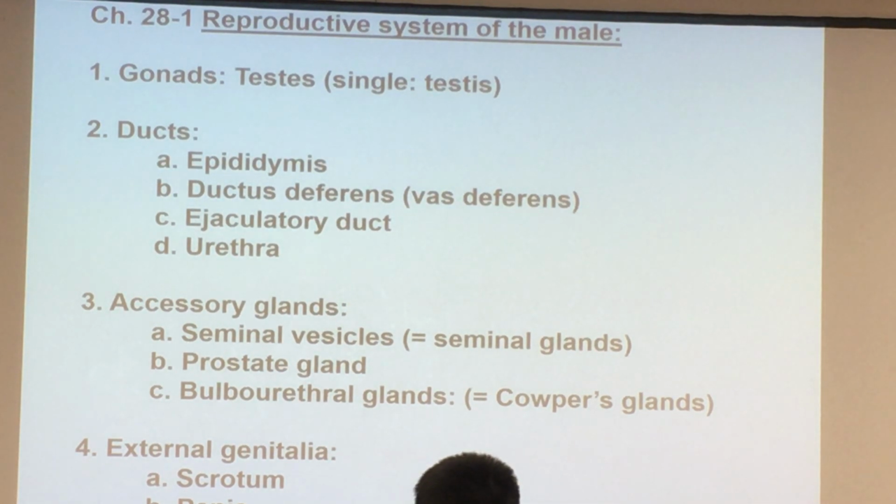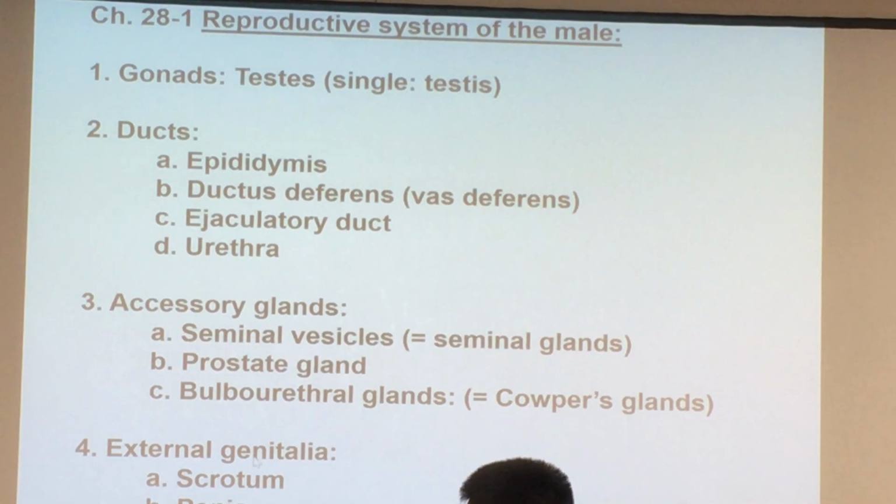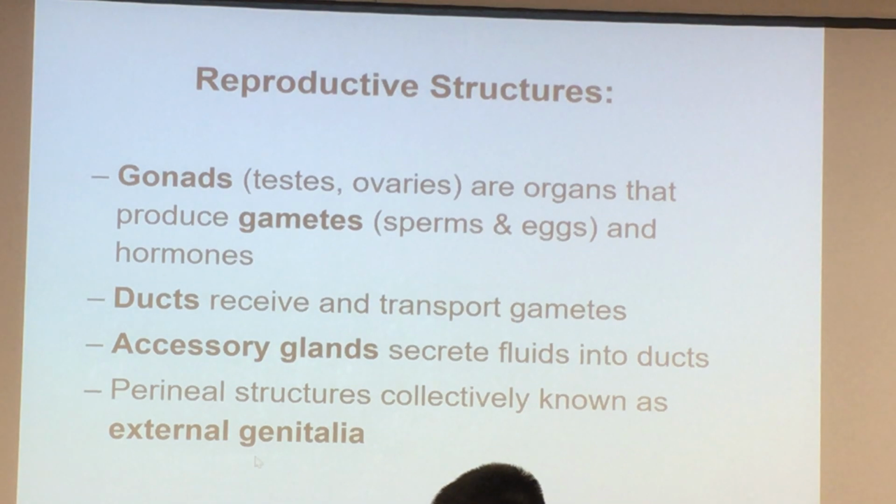And we have gonads, we have ducts, we have accessory glands, we have external genitalia. That's male and female, you all have this. But first, I want to give you a little bit of definition. Gonads means reproductive organ. Male is testes, female is ovaries.